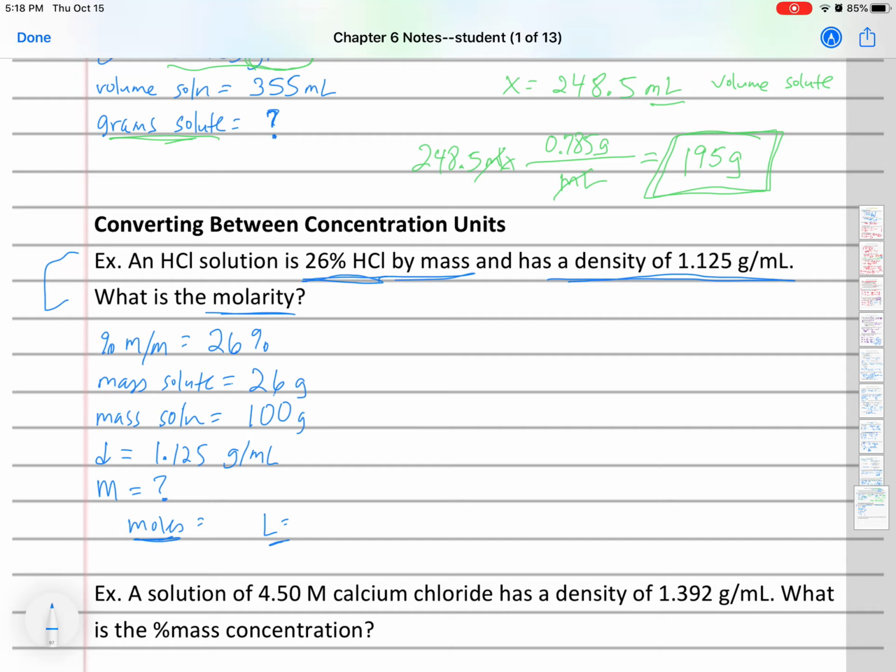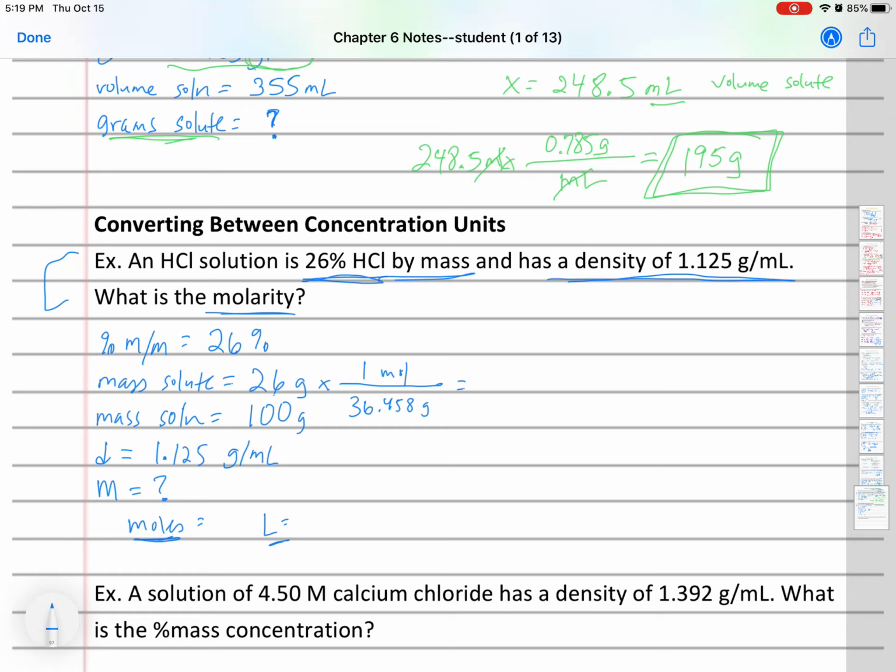So the mass of the solute, we can figure out how many moles of solute we have using the molar mass. And the molar mass of HCl, if we look that up, is 1.008 for hydrogen plus 35.45, the mass of chlorine. So that molar mass is 36.458 grams.